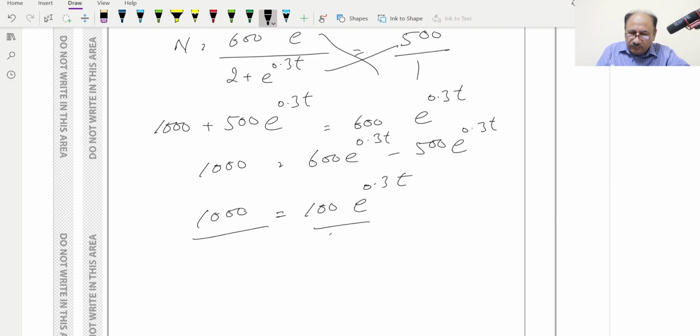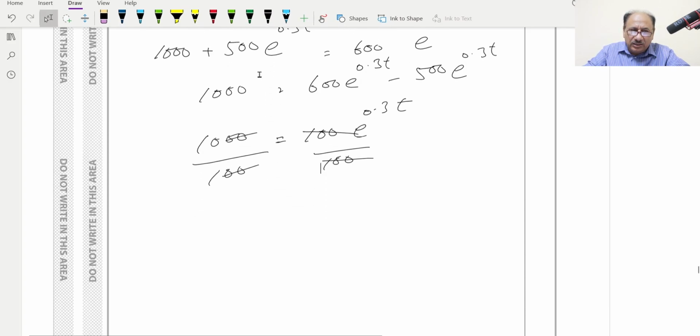We can divide both sides by 100, so we can write e raised to the power 0.3t is equal to 10.